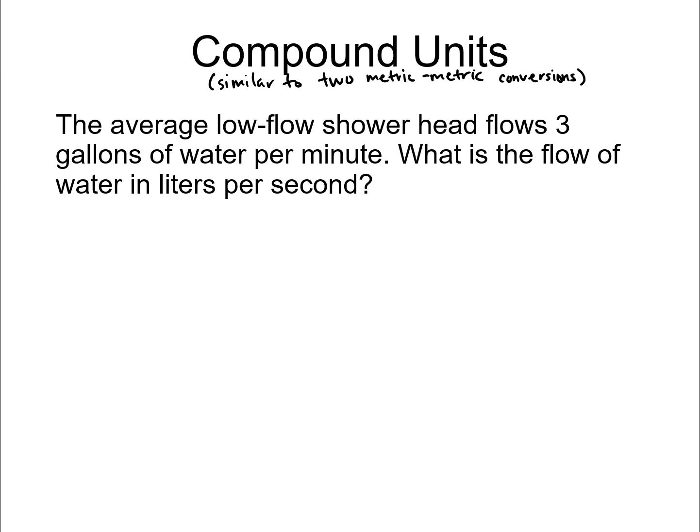The average low-flow shower head flows 3 gallons of water per minute. What is the flow of water in liters per second? Now, you're not going to know how to convert from liters to gallons just using the chart that I gave you.